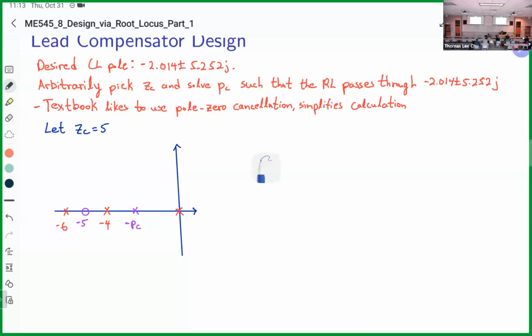And then we're trying to evaluate it at -2.014 plus 5.252j, such that our angles add up, meets the angle criteria, which then reshapes the root locus to pass through that point.